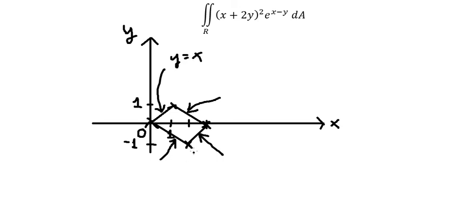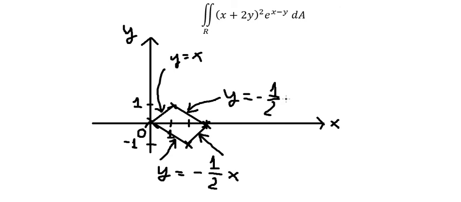Now for this one, it goes from this location to this location. We see that it goes down in here, and that's y equals negative 1 over 2x. And this one, we have negative 1 over 2x, because this is parallel with this one, so we have the same slope.